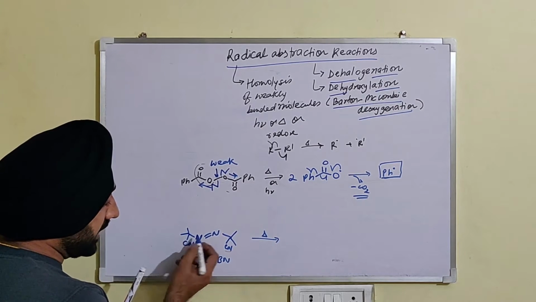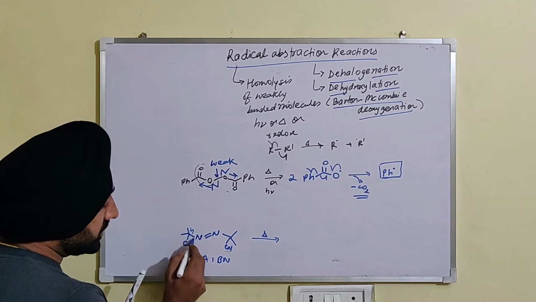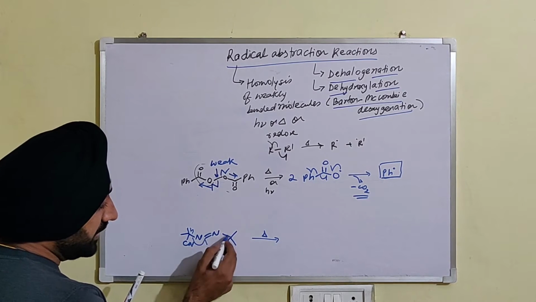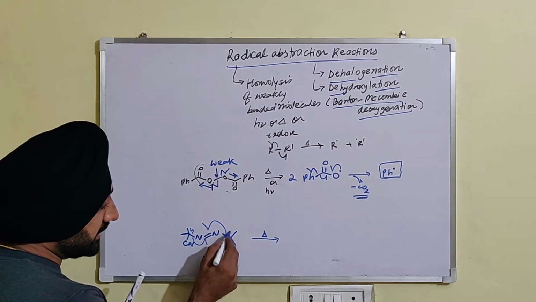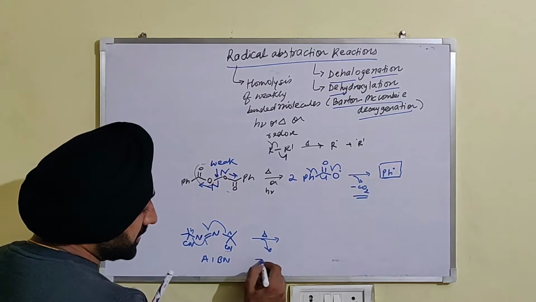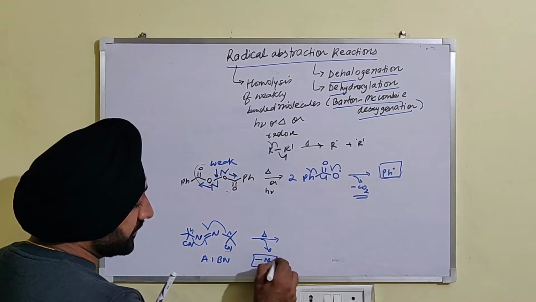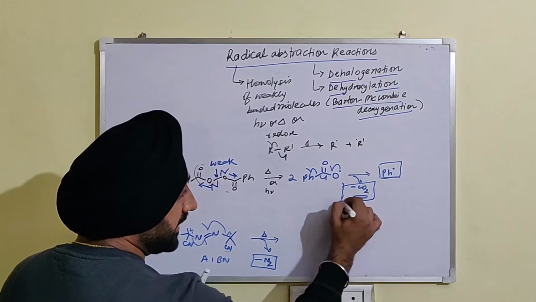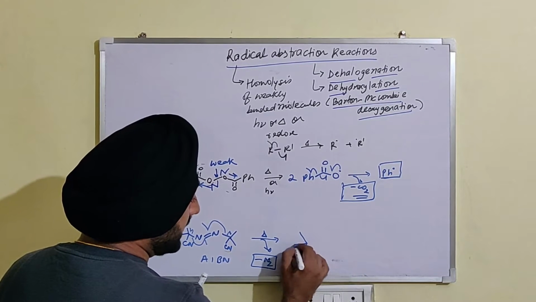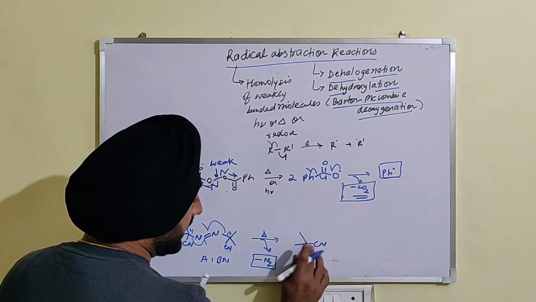As a result of heating, we generate this radical, and this one comes here. Similarly, this one comes here. So minus N2 is released from the reaction. Here it was minus CO2, and what we generate is this cyano-stabilized radical.